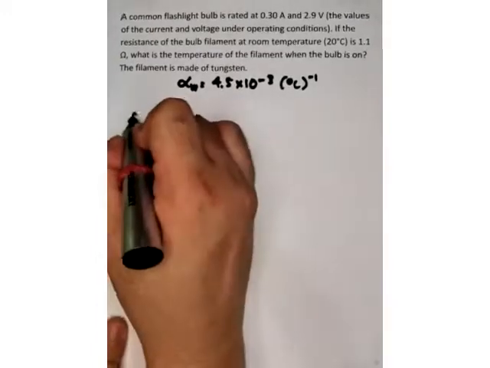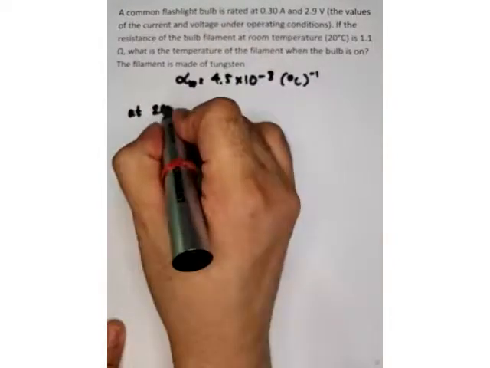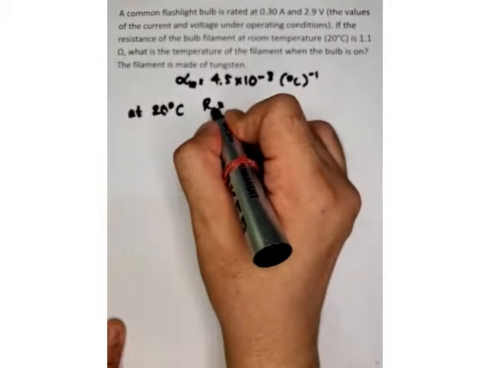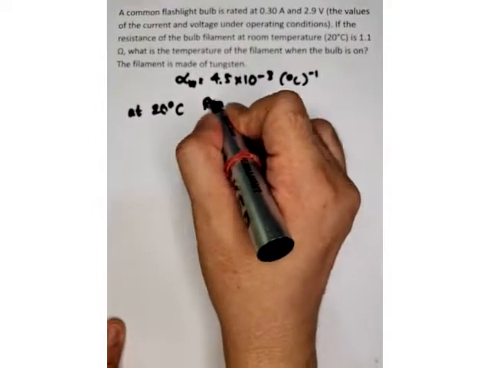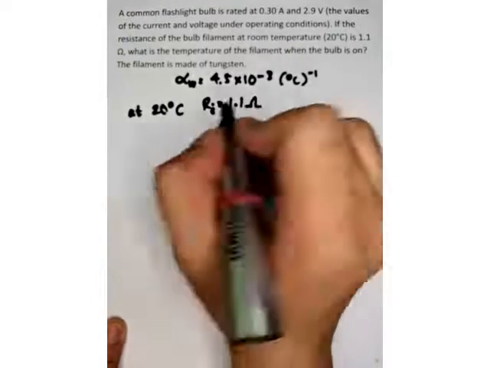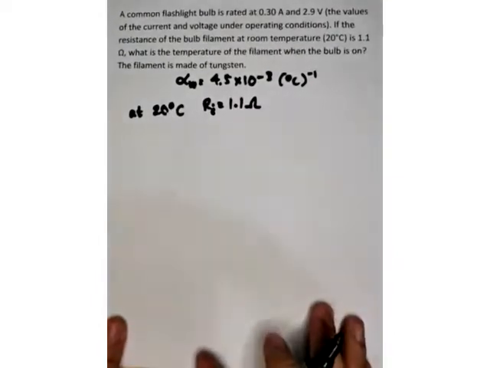Okay, so yung first condition natin, at 20 degrees Celsius, the initial resistance is equal to 1.1 ohm. Ayan. Okay. So at 20 degrees.